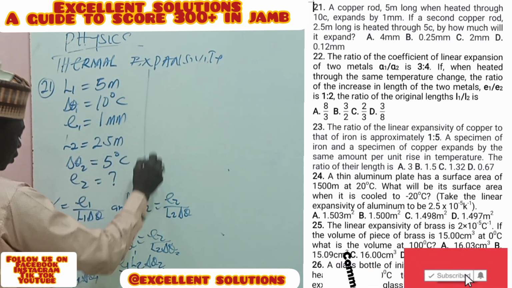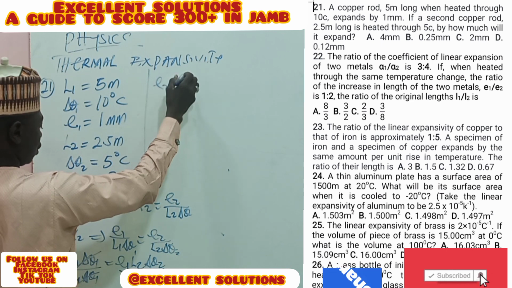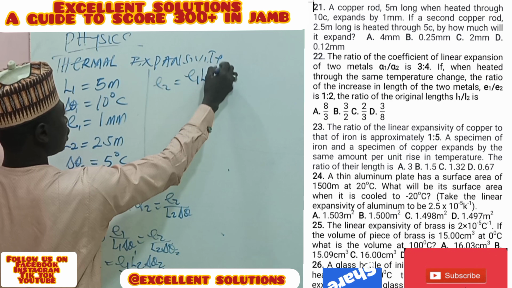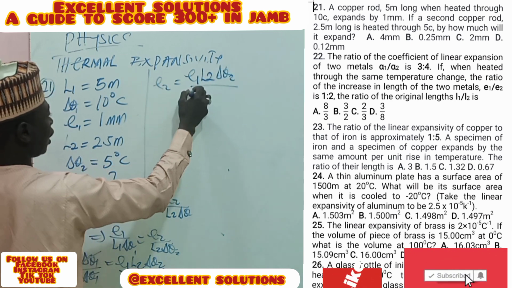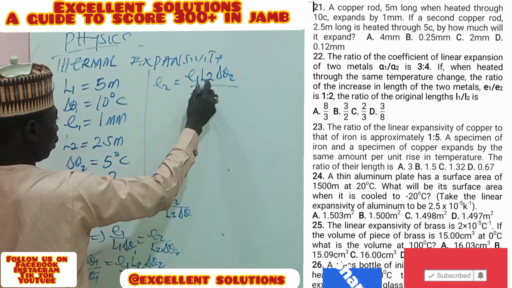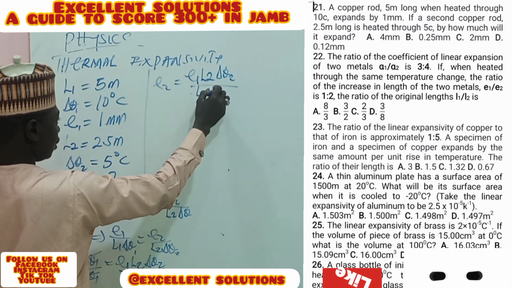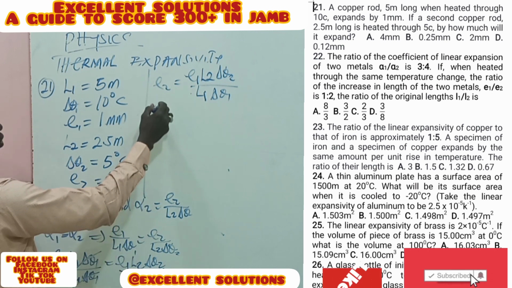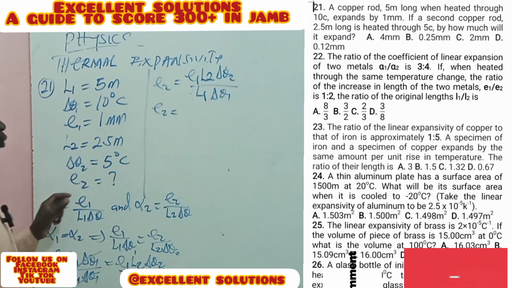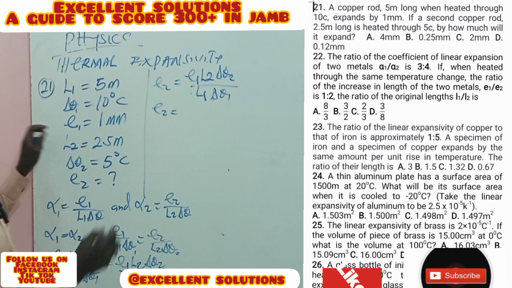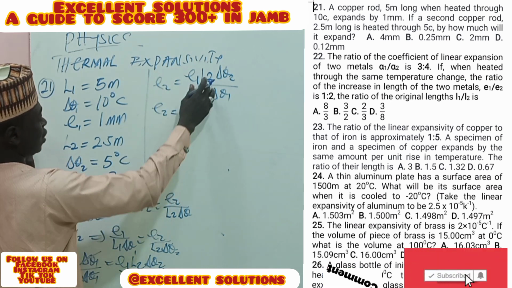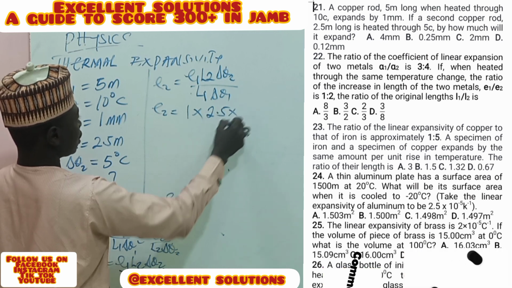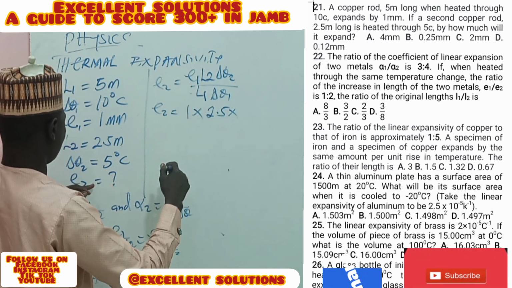We now have E2 equals E1 L2 delta theta 2 over L1 delta theta 1. By making substitution, E2 will now be, our E1 is 1 times L2, we have 2.5 times our delta theta 2.